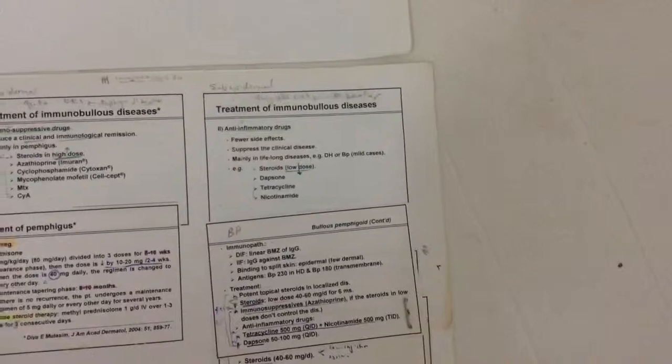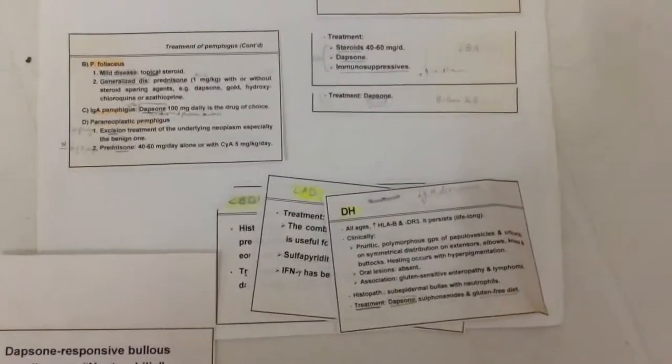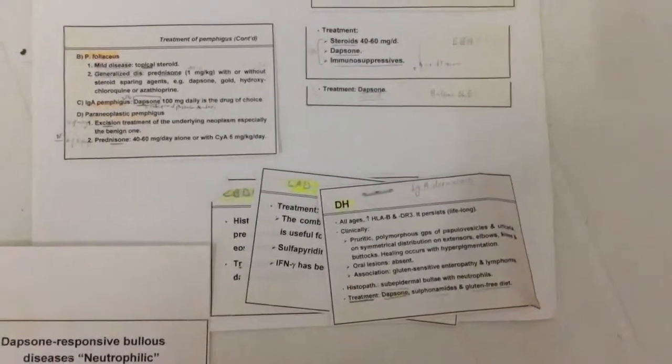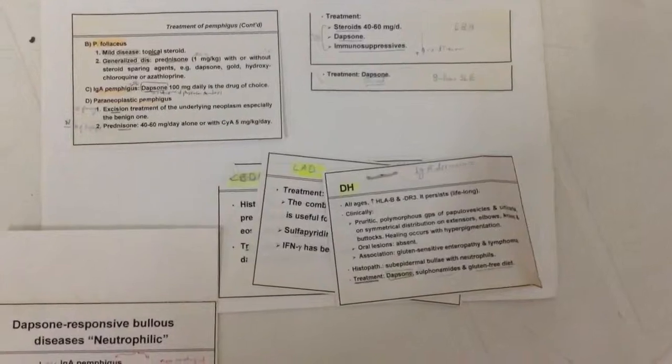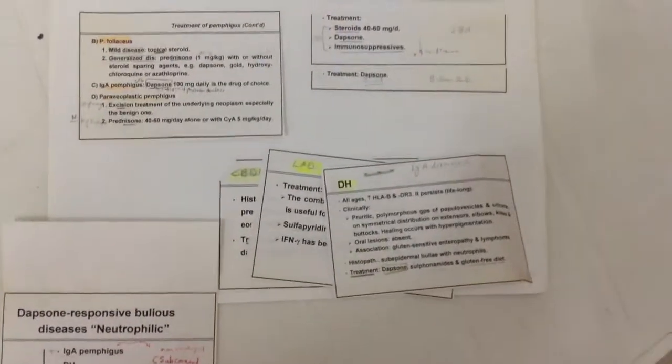For the other subepidermal bullae, we give low doses of steroid, dapsone, tetracycline, and nicotinamide. This is for bullous pemphigoid, cicatricial pemphigoid, herpes gestationis, and also epidermolysis bullosa acquisita and bullous systemic lupus. For immunoglobulin A dermatosis, we give dapsone, the drug of choice, with sulfonamides as an alternative.